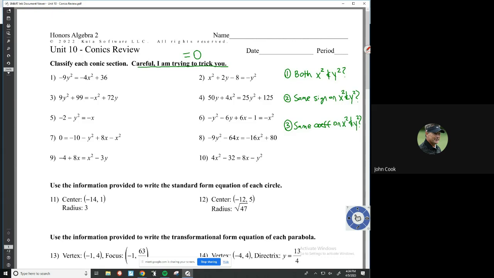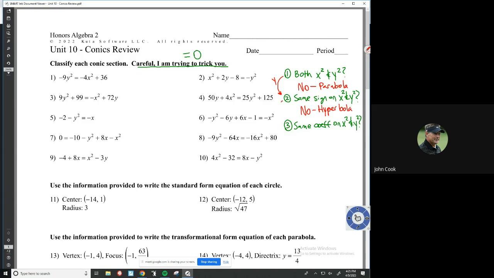If you don't have both x squared and y squared, then that means that you have a parabola. If you say yes, you move on to the second question. Do both the x squared and the y squared have the same sign? If you say no to that, then that means that your shape is going to be a hyperbola.